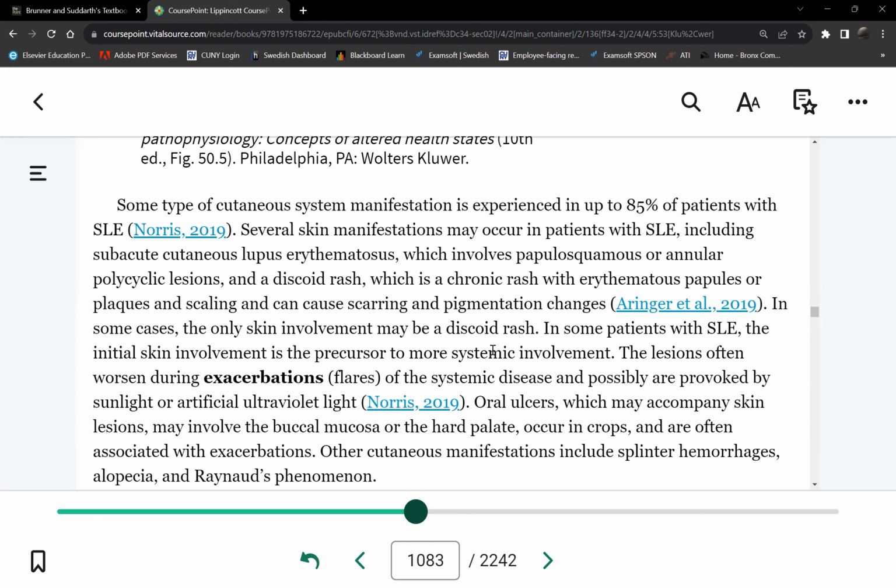Let's say this is an issue for, let's say they did not plan the pregnancy and they may be tempted to, because of the flare-up, they'll be speaking with the physician. What should I do? Should I continue the pregnancy? Should I terminate it? The physician's answer would be what I just said. There's really no difference.